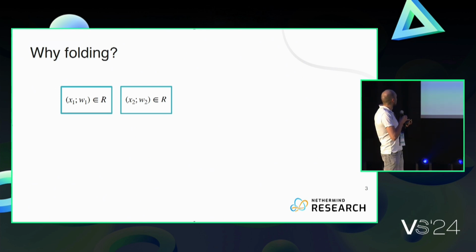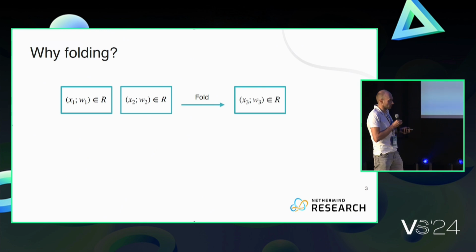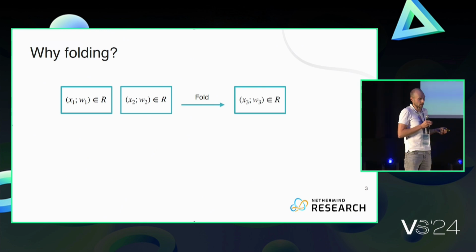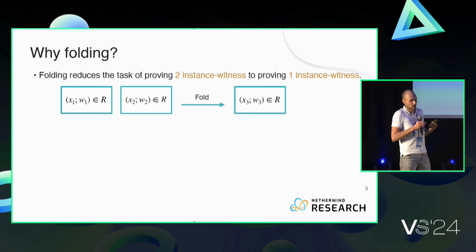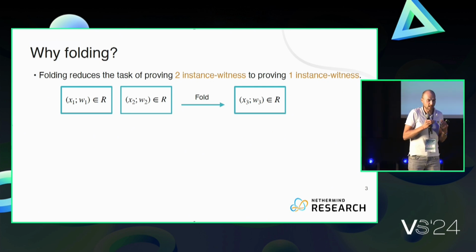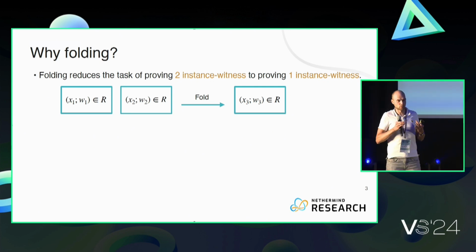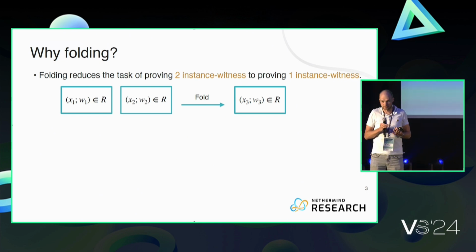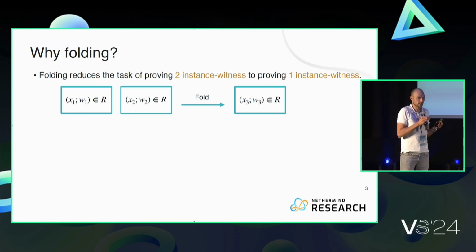Okay, so why do we care about folding? We have our two relations, X1, W1, X2, W2. We fold, and we come up with X3, W3. So we can reduce the task of proving two instance-witness pairs into proving one instance-witness pair.